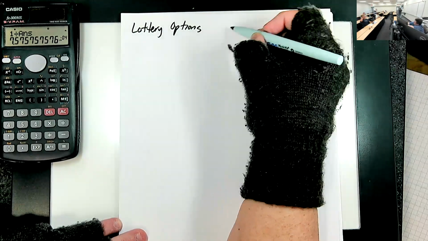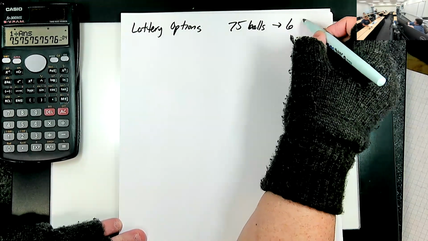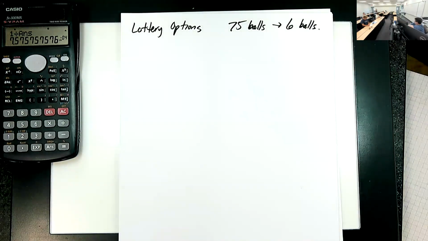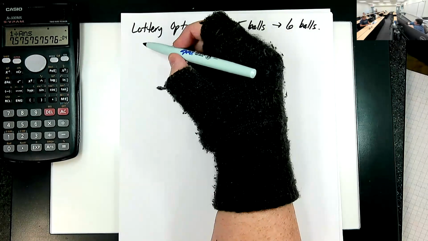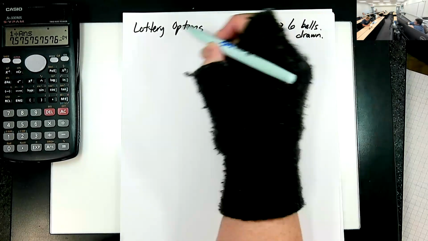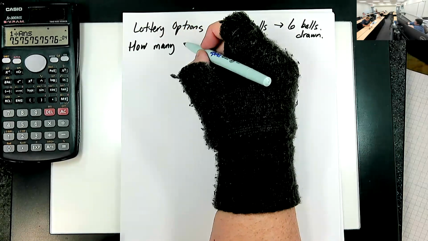Let's say there are 75 balls and 6 balls are drawn. So we want to know how many different ticket combinations are there?